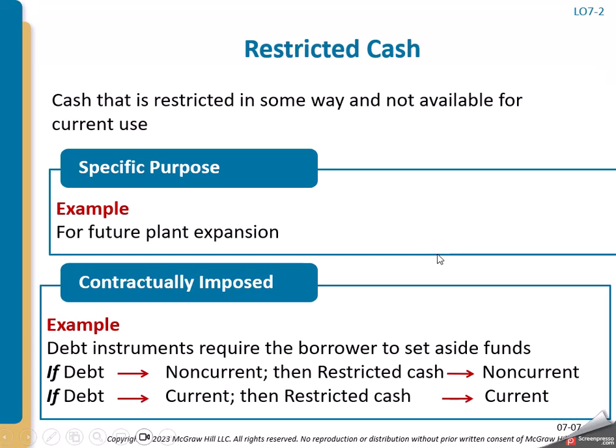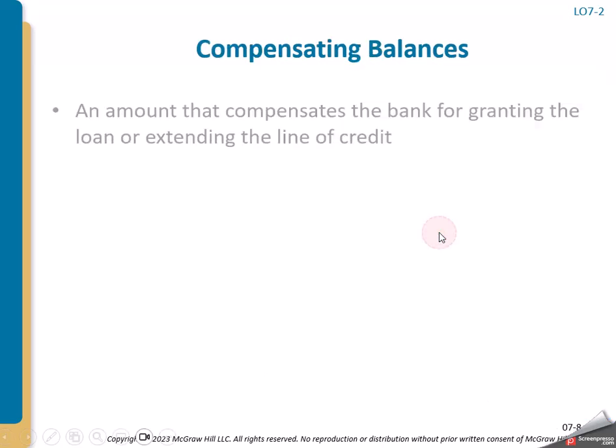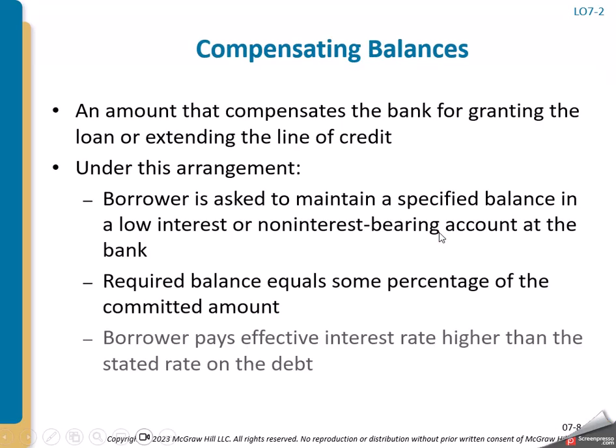Businesses can have restricted cash where it's set aside for a specific purpose. That could be based on what the company wants to do. If it's contractually imposed, then maybe we have bonds or a bank loan and we're required to have money set aside, possibly to pay it off, or at least to pay off the interest.